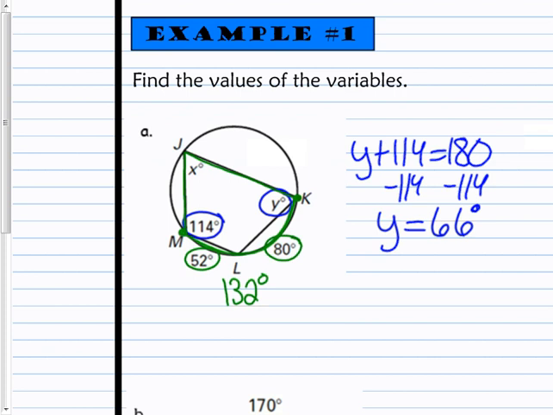Angle x is an inscribed angle, so if you cut that arc in half, you will get 61 degrees. So x is 61 degrees. We found x using our knowledge from lesson 15.1, and then we found y because y plus 114 had to be supplementary.